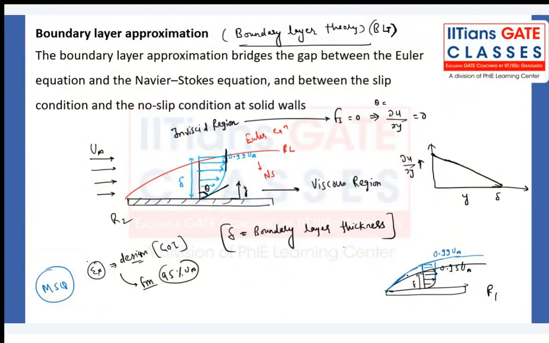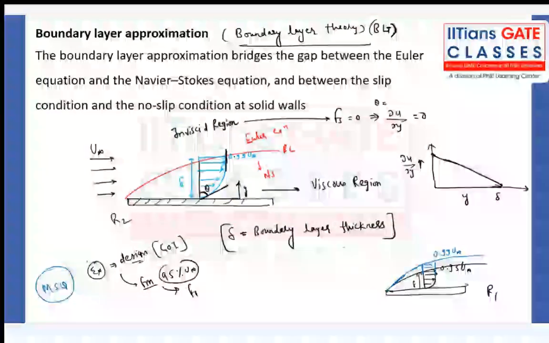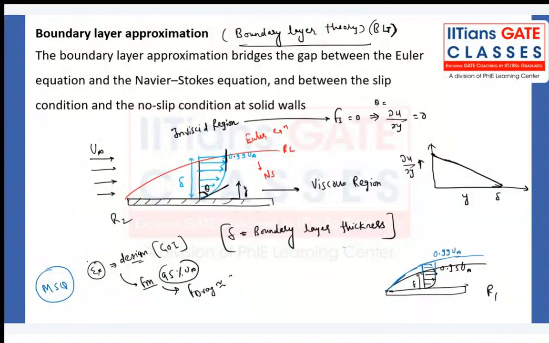That region is a very narrow region. That means indirectly you are assuming the drag force to be very, very small as compared to what researcher number two has predicted.